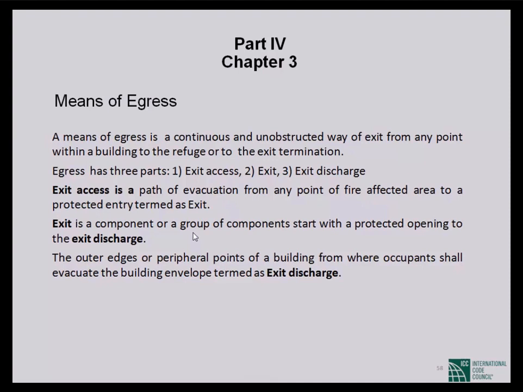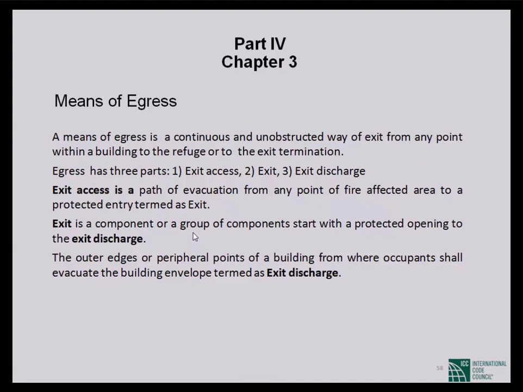Within a few minutes, he has to go outside for his life. So this is a very deciding thing. Then you have to be very careful about the design of the means of egress. And this is the path of movement of the occupant through which he can get out safely to the outside.